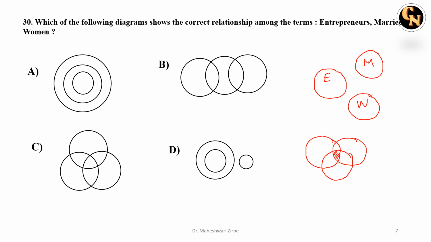That represents what? There are few women who are married also, entrepreneur also, and woman also. So this way you can represent it. Suppose this is E, entrepreneur, married, and W. So all three combinations can happen. Few are married, few are entrepreneurs, few are both.